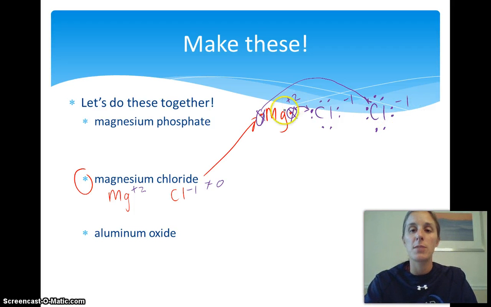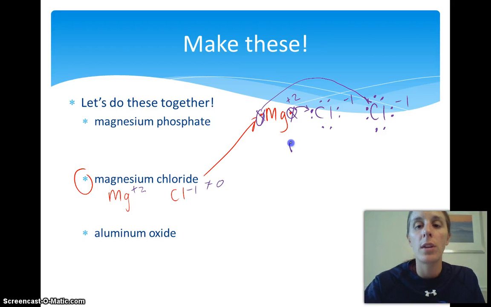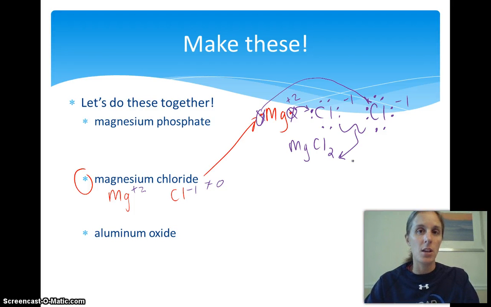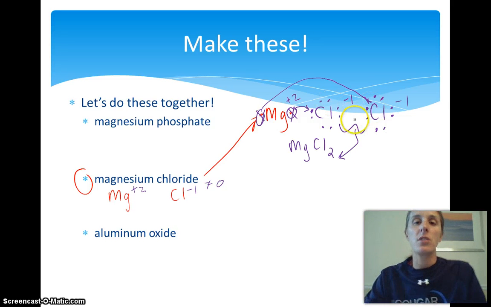So what that tells me is my magnesium has lost 2, each chlorine has gained 1, and so in order for me to make this ionic compound with a net charge of 0, I only need 1 magnesium, but I need 2 of my chlorines. And I use a little subscript 2 to show that there are 2 of those ions present. So anytime you see that little subscript, that tells you how many of that atom you have.